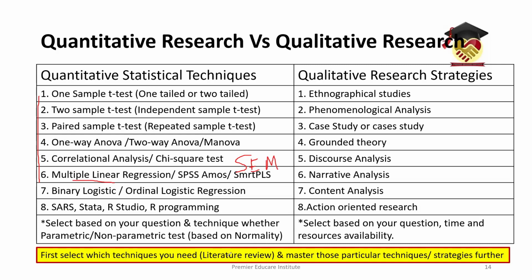No need to read the entire article. Just read the abstract first. If it is not there, then read the methodology part, only the first 2-3 sentences, and you will get all these things. Then note down, oh, I understand, my research should be analyzed by this technique, and you should write that in your research proposal.